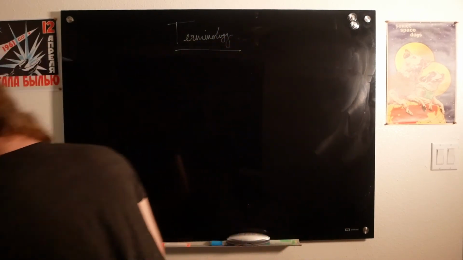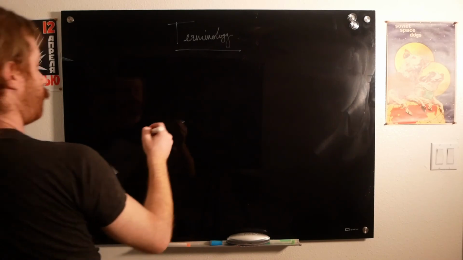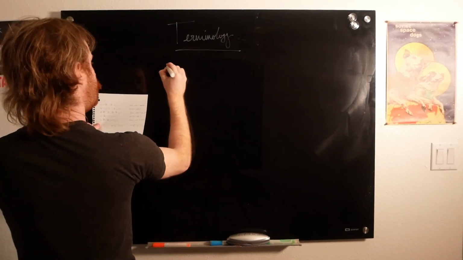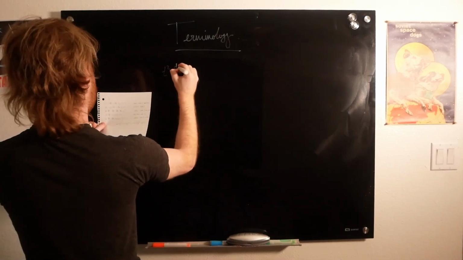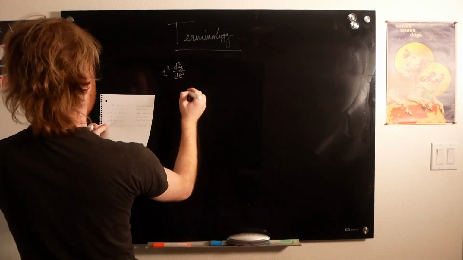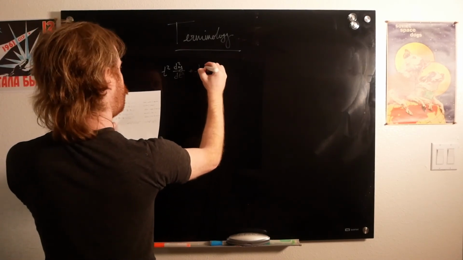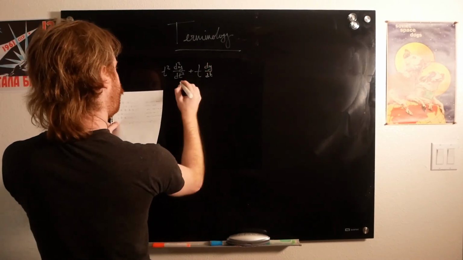Okay, so our first one is going to be t squared, and this is just Leibniz notation for the second derivative right here.